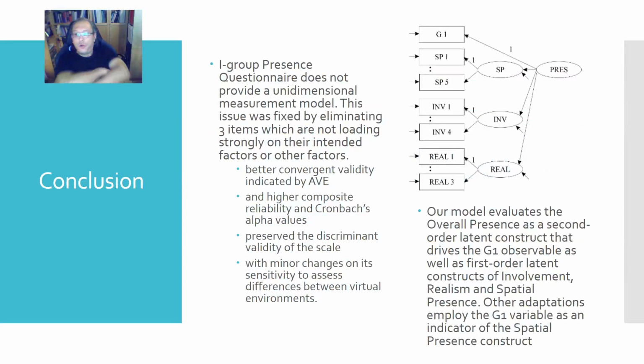So, in the end, we have this I-group presence questionnaire improved by eliminating these 3 items. The measurement model is fixed, and it became a unidimensional measurement model with better discriminant validity, better convergent validity, and better reliability.